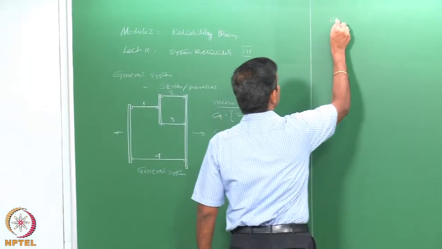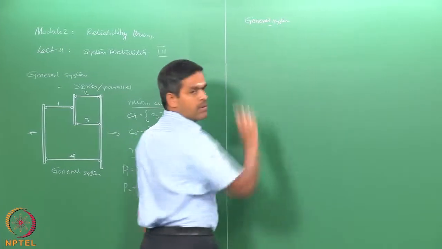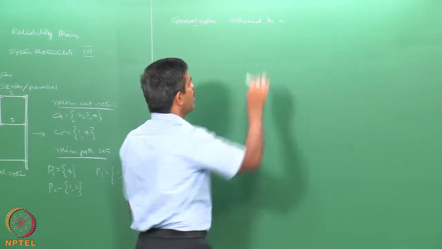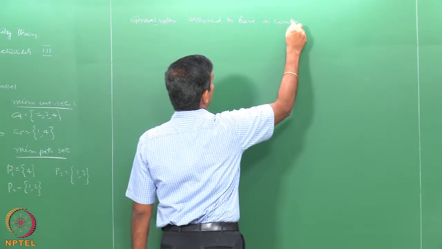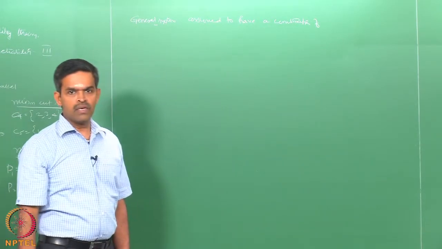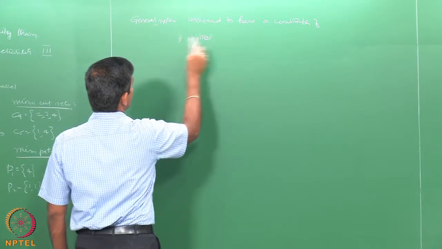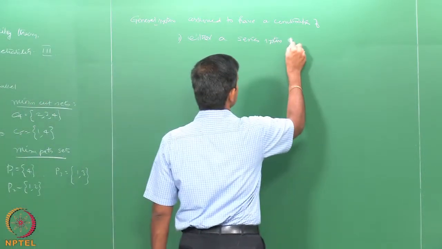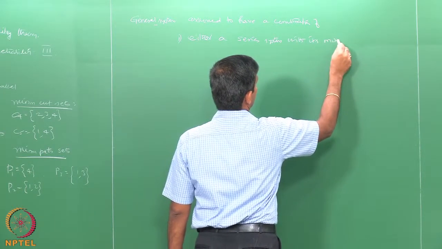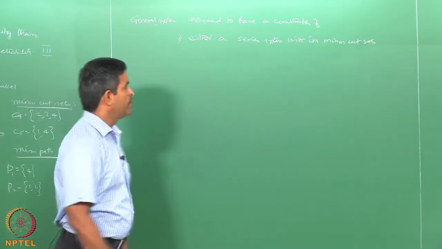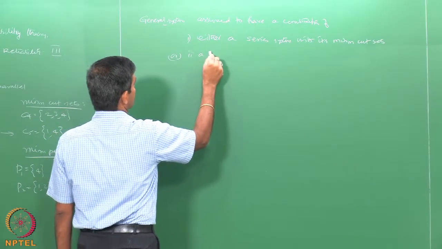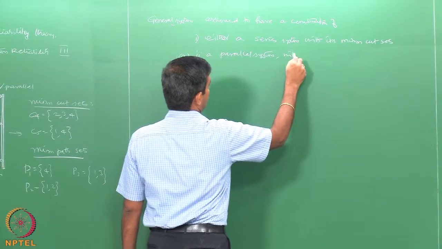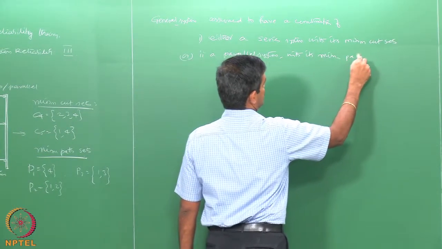So, now we are going to form a general system assumed to have a combination of either a series system with its minimum cut sets or a parallel system with its minimum path sets. Okay.